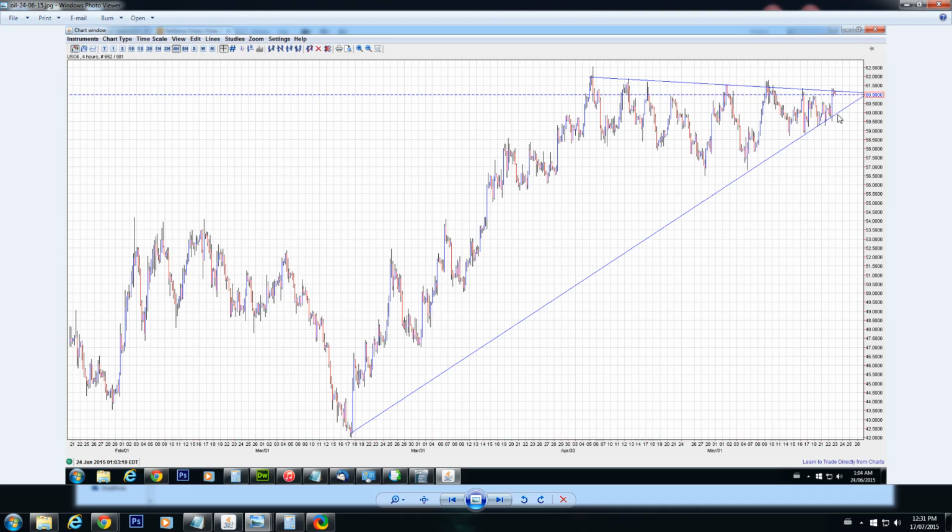So we would rather find tight formations like this, ones that are ready to happen. If it was over here, it's not quite ready. It could happen, but it's most likely going to pinch longer, and it did for half a month. This is a 4-hour chart.